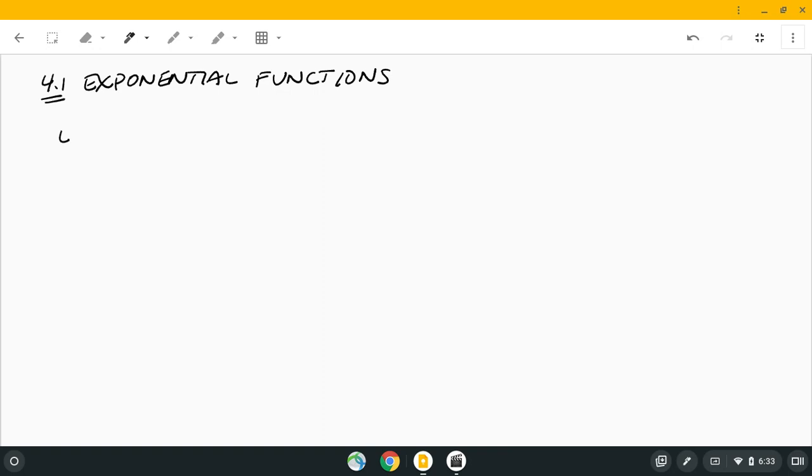Okay, so what is an exponential function?